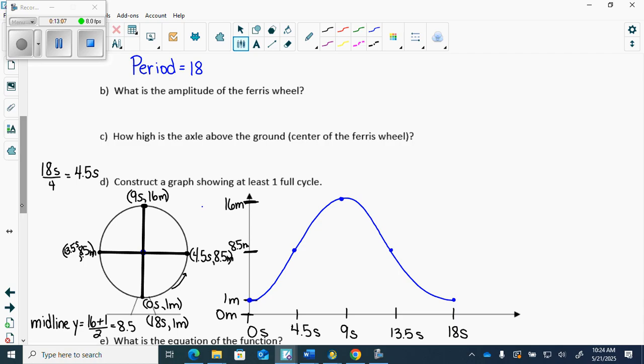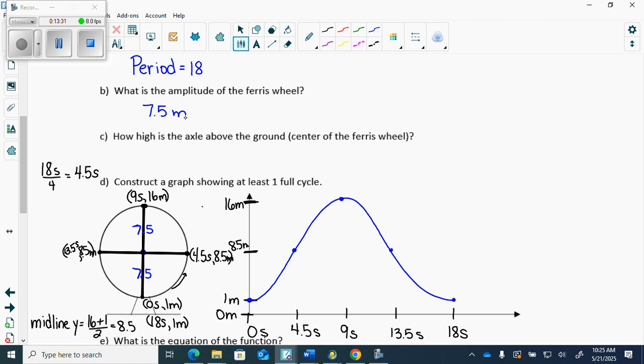The midline. Amplitude's the radius. How far is it from 1 to 8.5? 7.5, right? And then how far is it from 8.5 to 16? 7.5. So remember, radius, amplitude are the same, right? Midline and center of the circle are the same. So my amplitude is 7.5 meters.